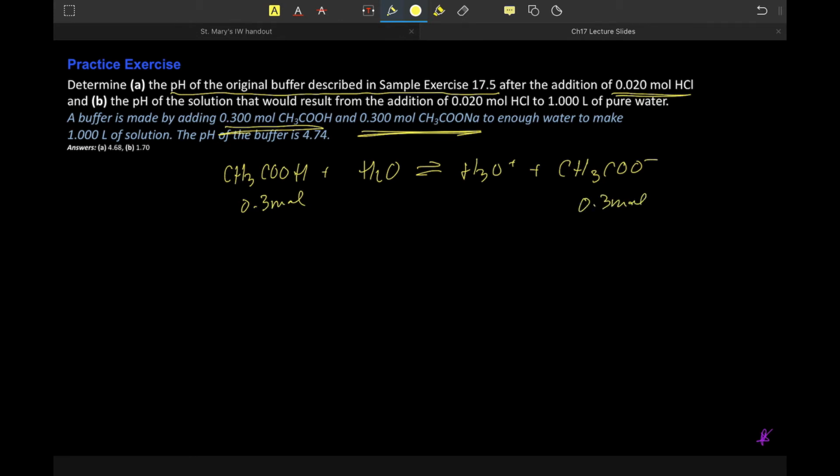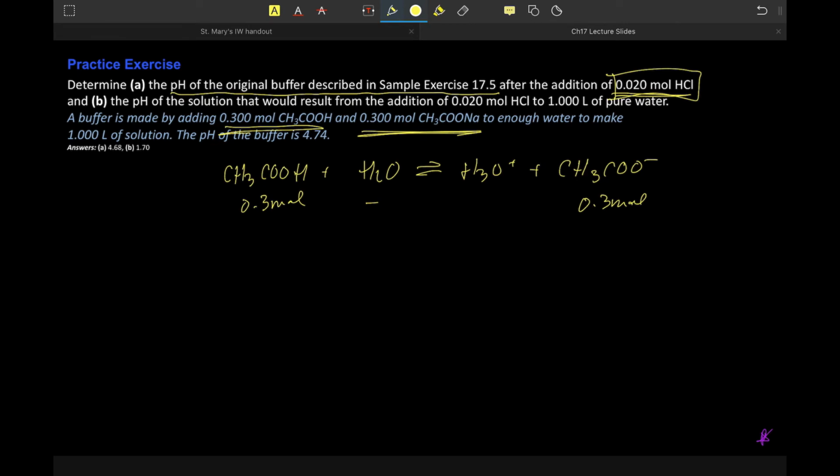And I do like to write down the moles so I don't forget that I'm working in moles right now and not molarity. And then it tells me that the pH of my buffer is 4.74, but we will worry about that later. And then it says I'm going to add 0.02 moles of HCl. I'm going to add 0.02 moles of acid.